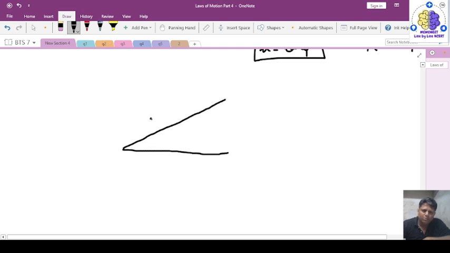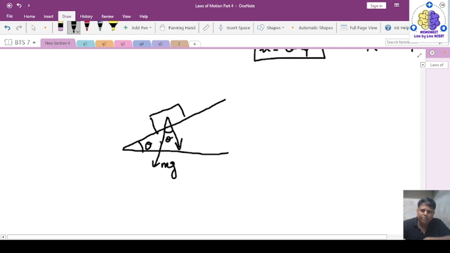If a block of mass m is placed over here, it will have its weight equal to mg acting vertically downwards, and if this angle is equal to theta, and if I draw a line which is perpendicular to the inclined surface, this angle will also be equal to theta, right?